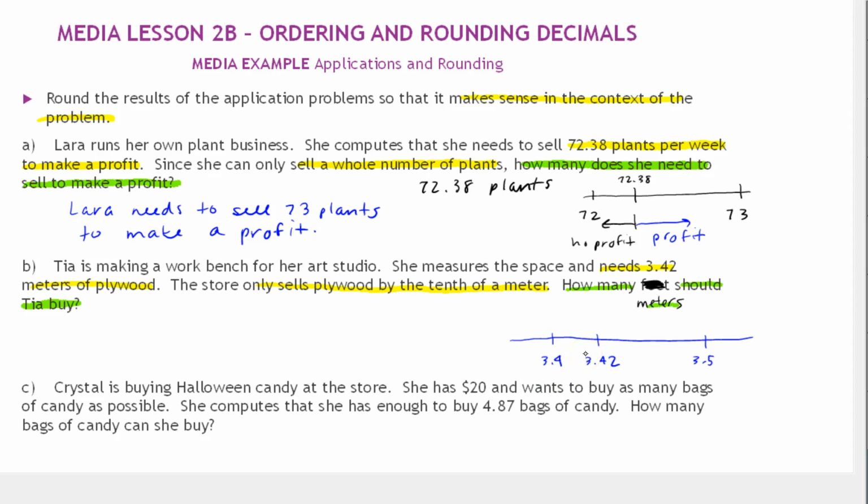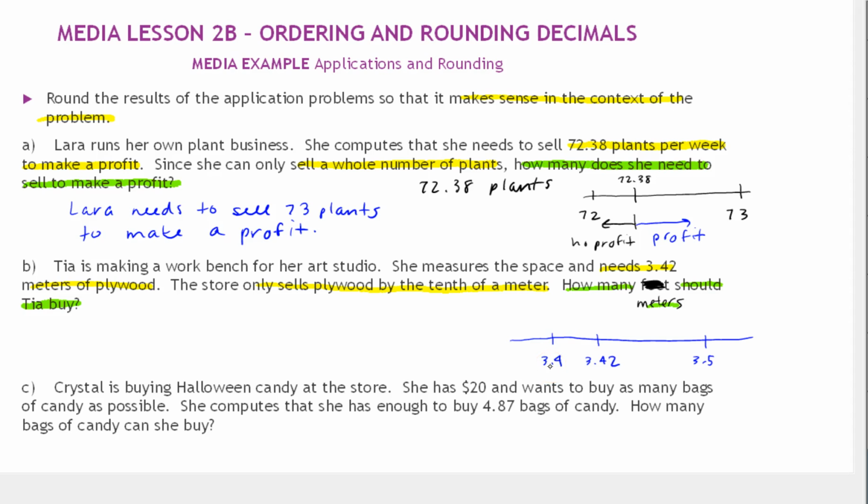But can you take a second and think, do you see a problem if she needs 3.42 meters of plywood and she buys 3.4? Okay, so she wouldn't have enough plywood. So if she needs this much, you need at least this much. Okay, so she can buy the next amount, 3.5 meters, and cut some off to get her 3.42.